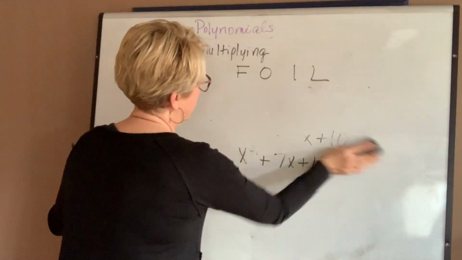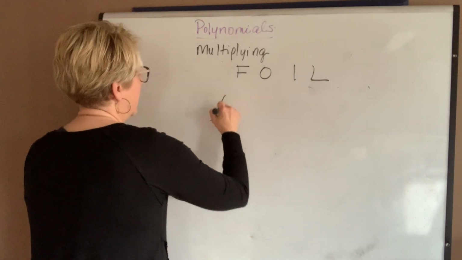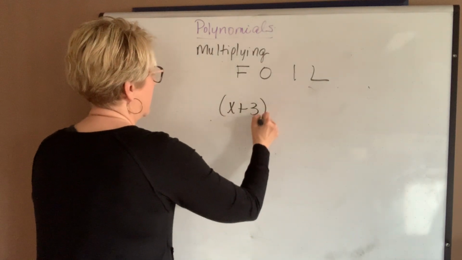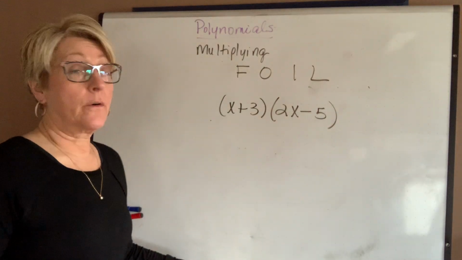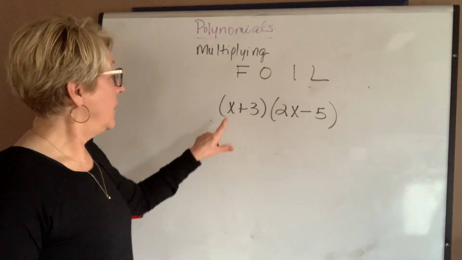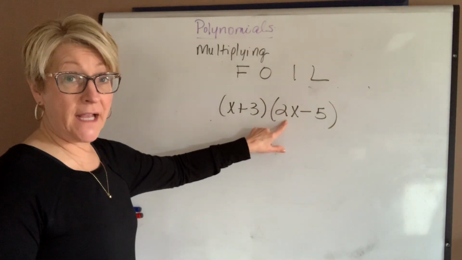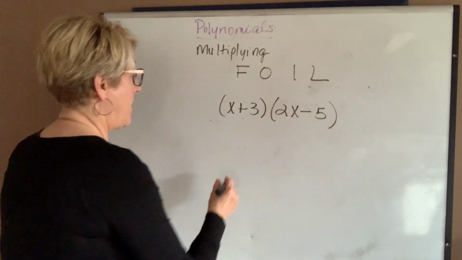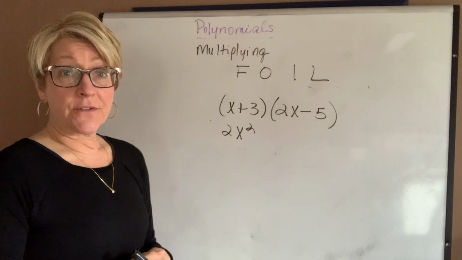All right, let's look at another one. So here we go. We have a binomial times a binomial. We're going to multiply first term times first term. X times 2x, 2x squared.